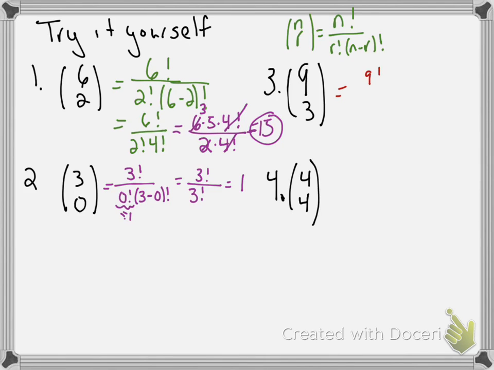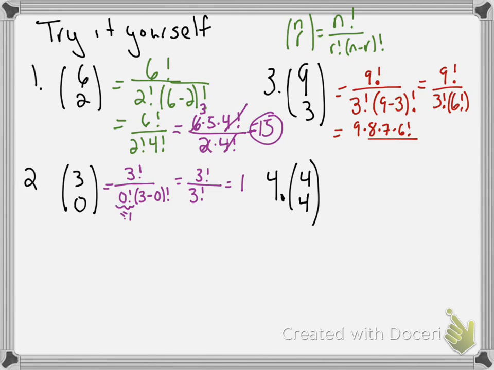We have 9 factorial over 3 factorial times 9 minus 3 factorial. This is 9 factorial over 3 factorial times 6 factorial. We want to expand it till we get to that 6 factorial. So 9 times 8 times 7 times 6 factorial, and then we have 6 factorial, but the 3 factorial is 3 times 2 times 1. The 6 factorial over 6 factorial is equivalent to 1.